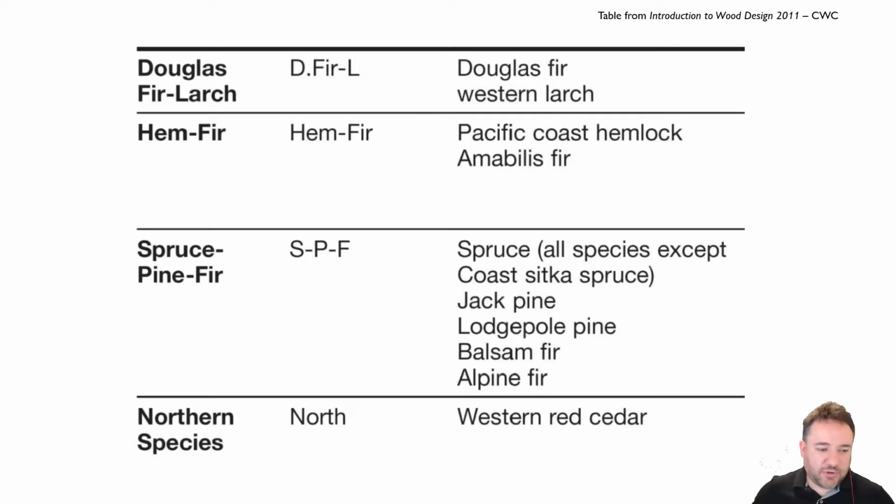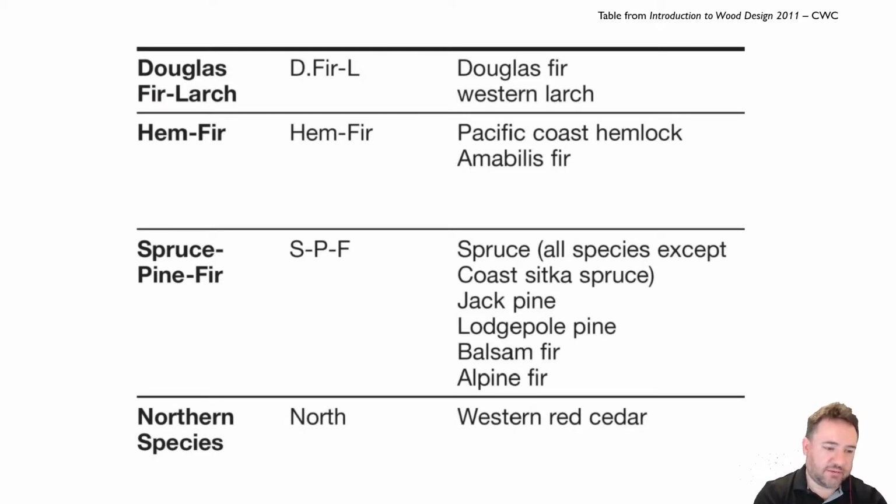So for example, in Eastern Canada, where we are, a very common construction species is all divided into this category SPF, which if you go to the hardware store and buy some lumber, you'll see SPF stamped on there commonly, and that represents spruce, pine, fir, which means it's a combination of all sorts of different species that could be represented in that category.